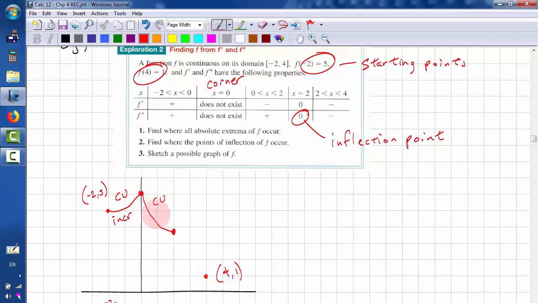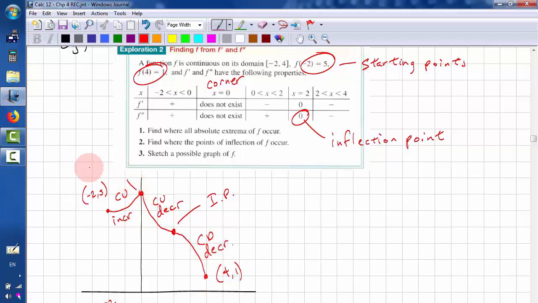Concave up, decreasing, and we have an inflection point. And now we have decreasing and concave down. Okay, so concave down and decreasing.